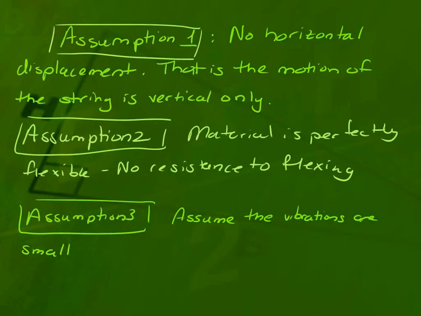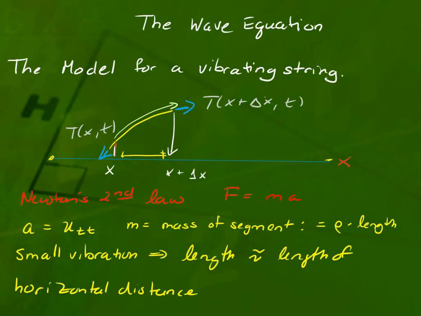So assumption number 3 is that we're going to assume that the vibrations are small and that we're not going to have an arc. If the vibrations are small, then this length right here on the yellow piece is almost close to just that horizontal length here, and then I can get away with the fact that I don't need to use the arc length formula or integrals to get any of the length pieces.